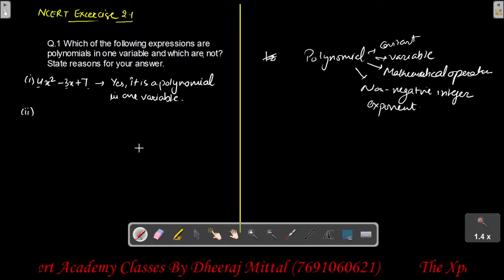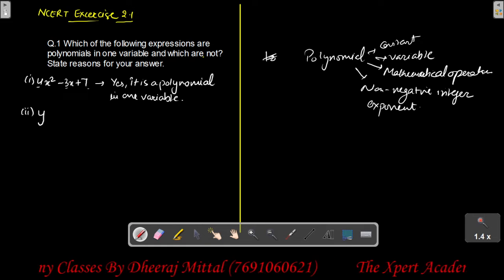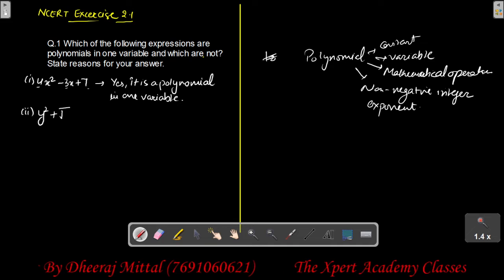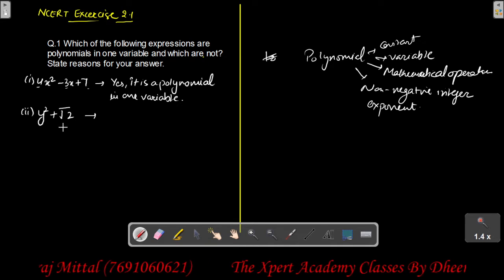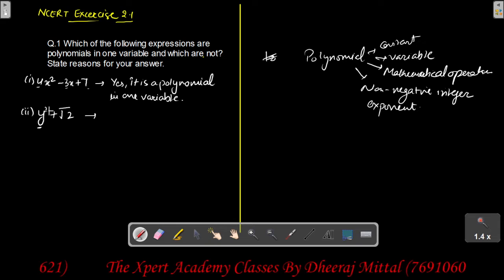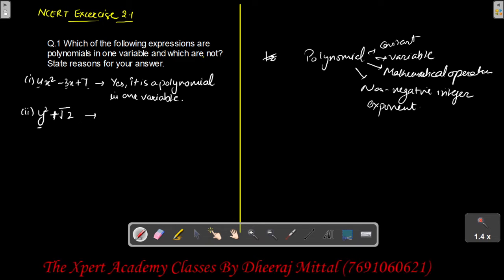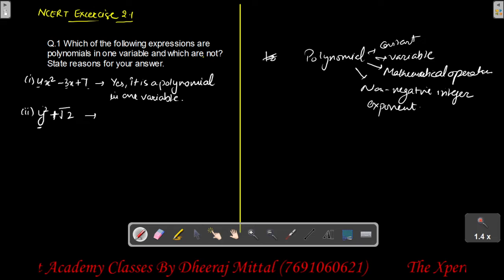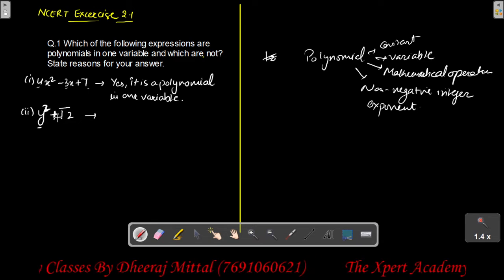So the second part is y square plus root 2. Here the constant is root 2, variable is y, mathematical operator is plus, and the power is a non-negative integer.